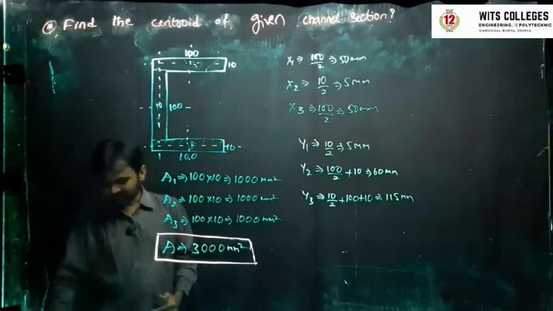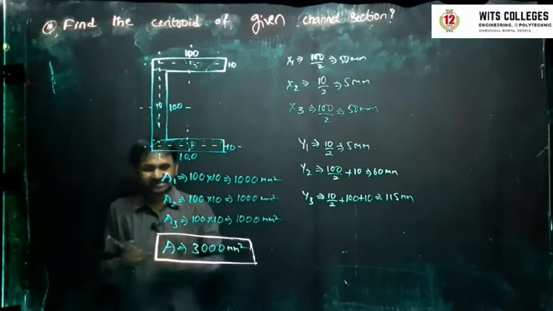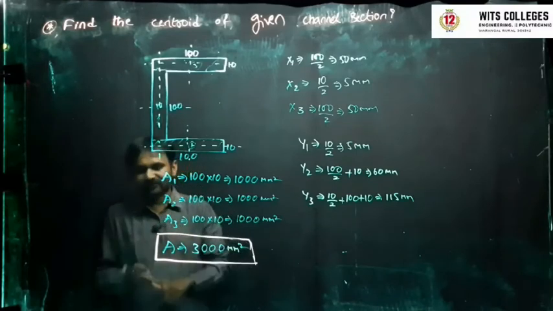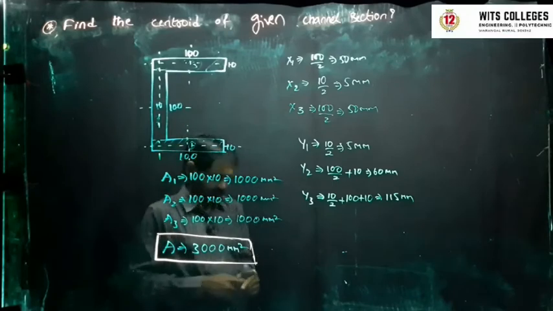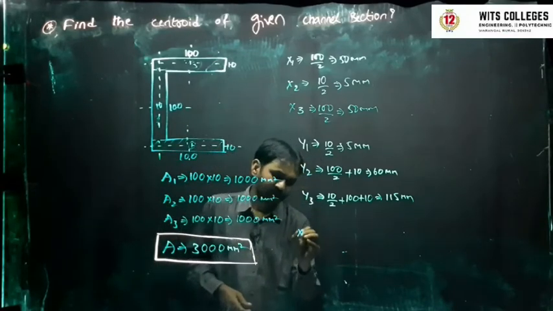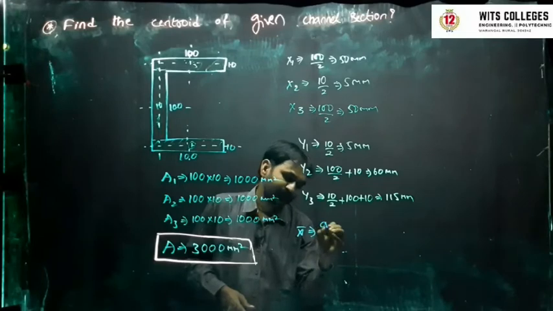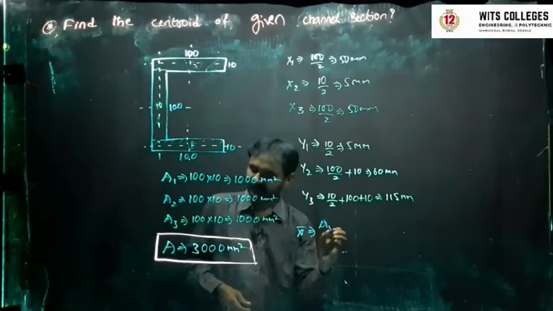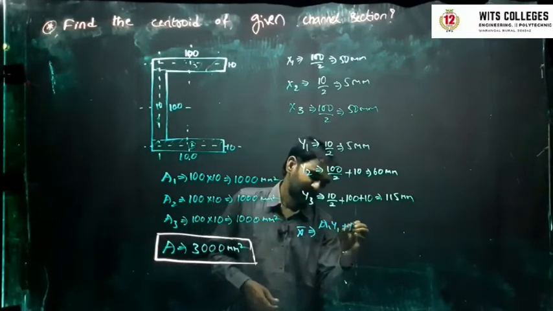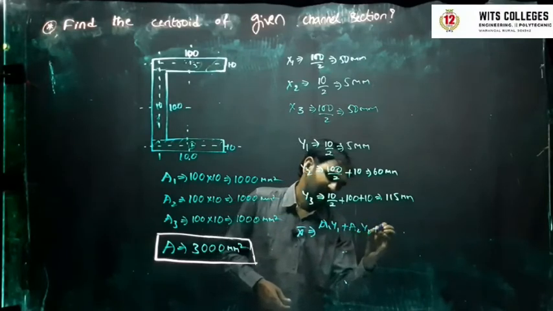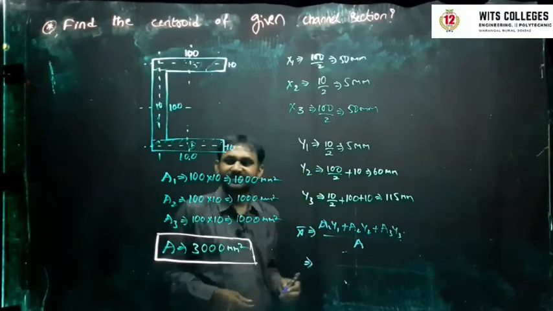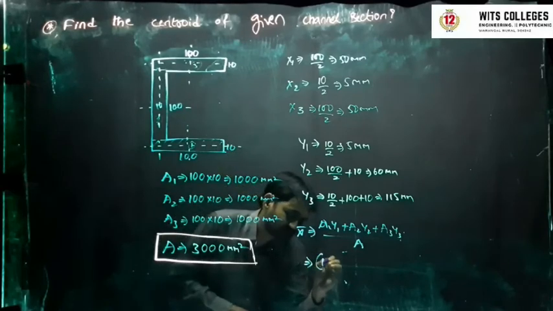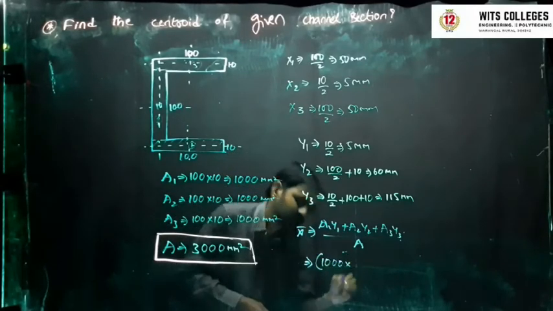Now the thing is that you have to substitute this x1, x2, x3 as well as y1, y2, y3 in particular formulas. So now what is x bar here? Same capital you have taken, a1 y1 plus a2 y2 plus a3 y3 divided by capital A. What is A here? 1000 into y1.